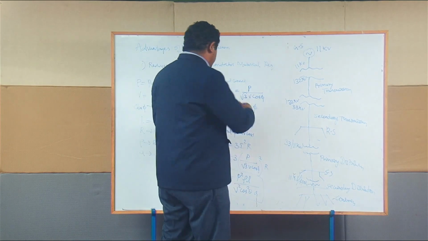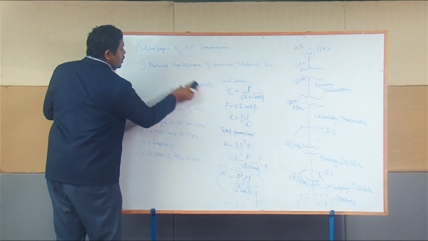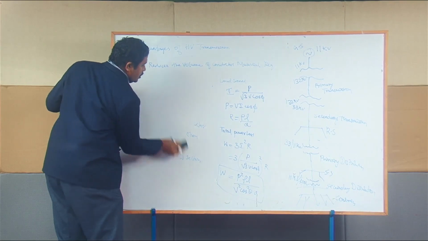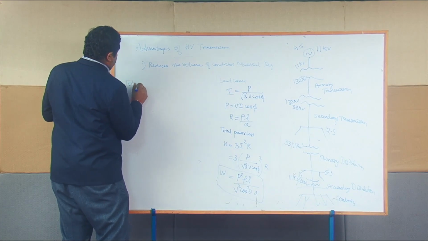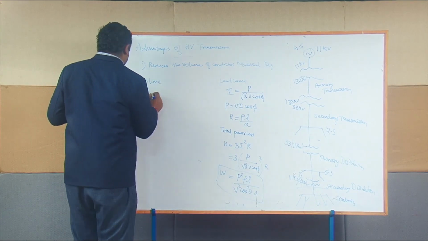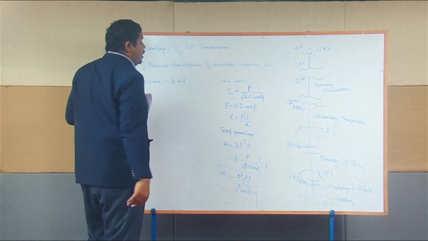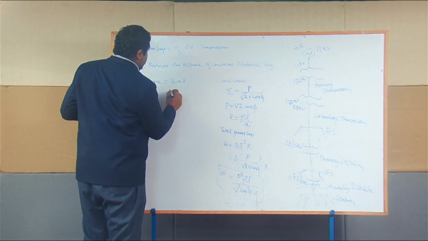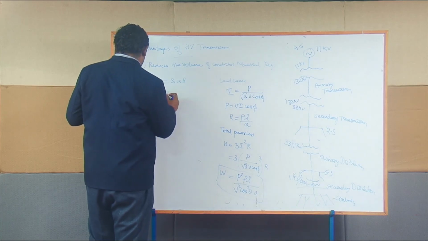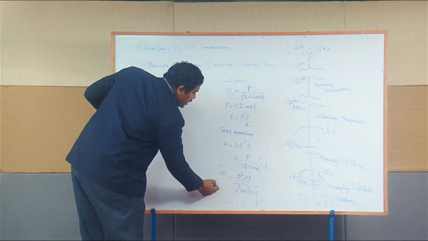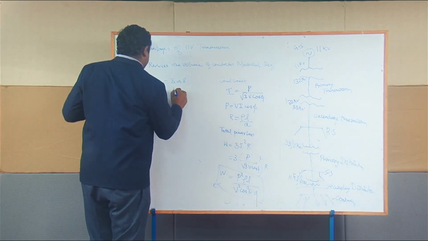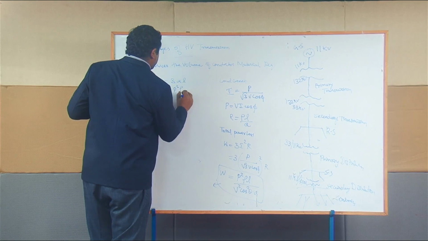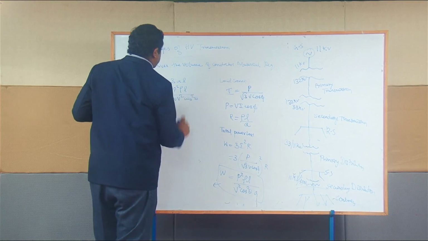Next is the total volume. Total volume is given by 3 times area into length. So, we know the value of area. From this, you can find the value of A. A can be calculated as P squared rho L divided by W into V squared cos square theta.